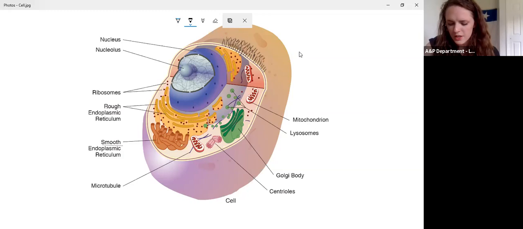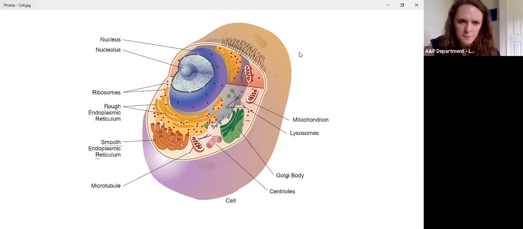So we're going to start with smooth ER. You'll hear it called ER, smooth ER, endoplasmic reticulum. This is the site of production of pretty much everything else except for proteins. Because remember, ribosomes make proteins and smooth does not have ribosomes. So there is going to be no protein production in the smooth endoplasmic reticulum.